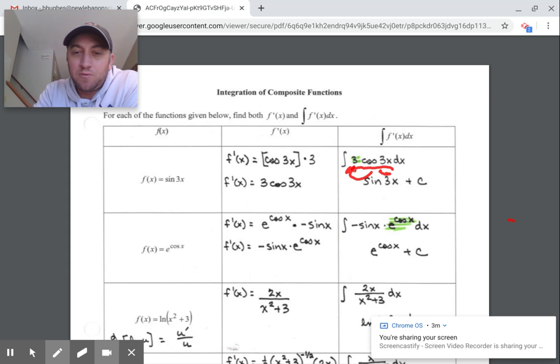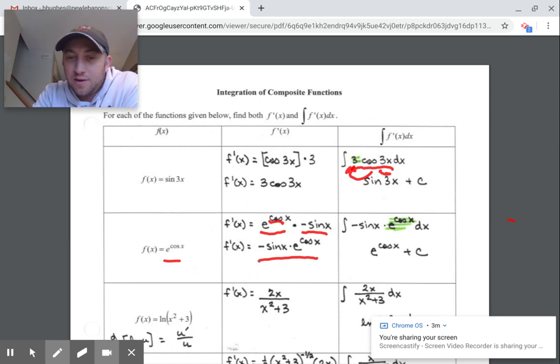Down here in the second one, e to the cosine of x. If I were going to take the derivative of that, now I'd have e to the cosine of x times the derivative of the exponent. So the derivative of cosine is negative sine of x. So there is our derivative of that function. So I know if I take the antiderivative of this function, I should get what I started with.